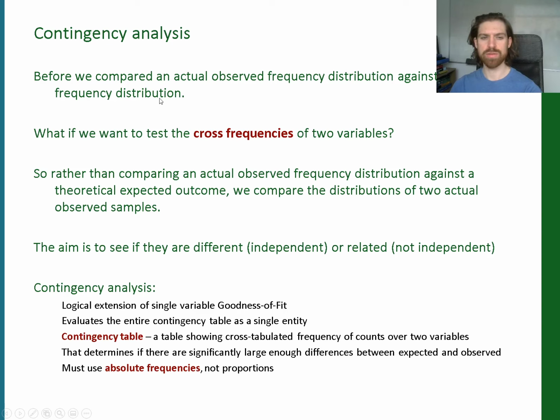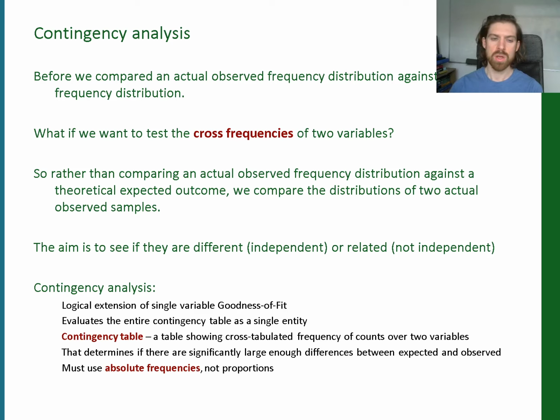This expected frequency distribution is the theoretical distribution that we would expect to occur just based on randomness, and we're comparing whether the data sample that we collected is significantly different or not significantly different from the theoretical distribution.